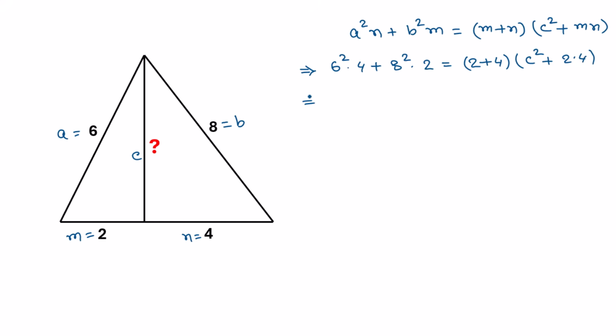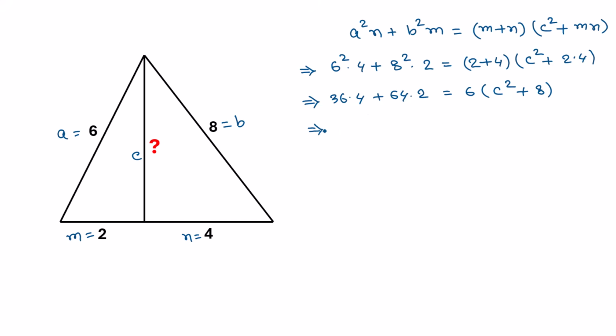Or 6 square, this is 36, times 4, plus 8 square is 64, times 2 is equal to 2 plus 4 is 6, times C square plus 2 times 4, this is 8.